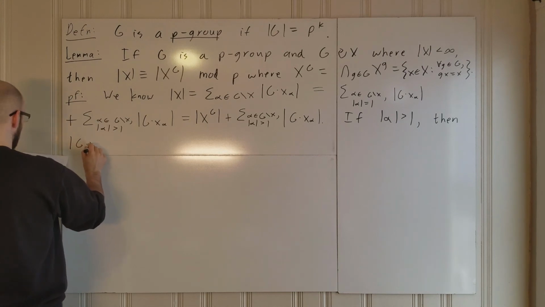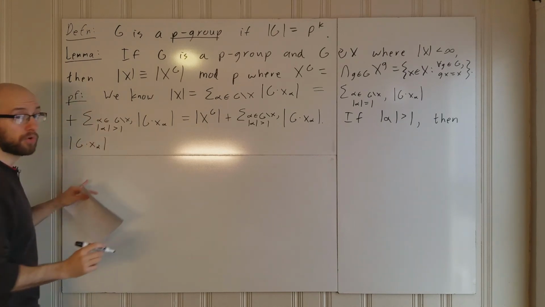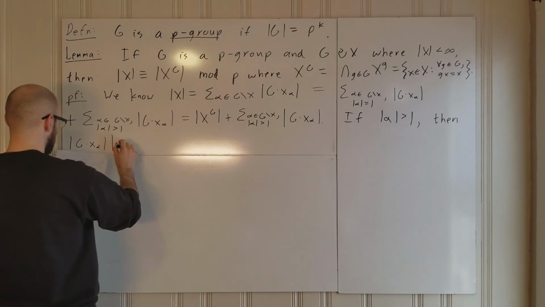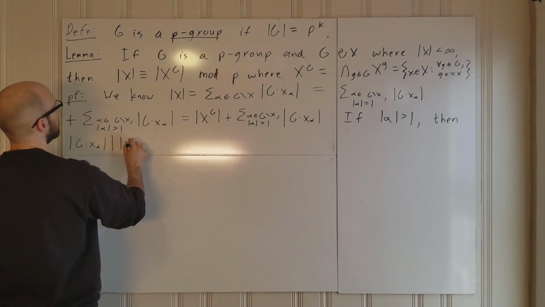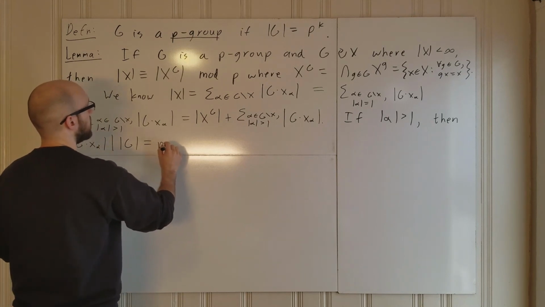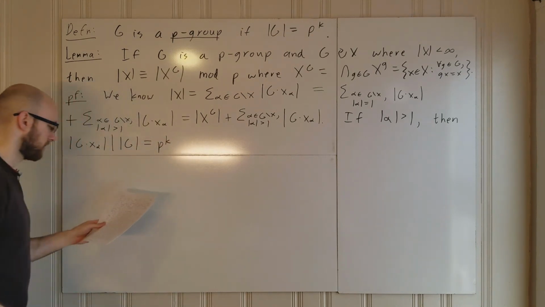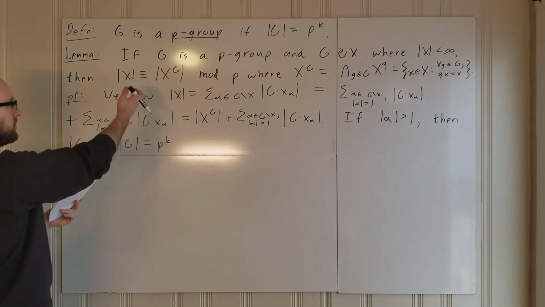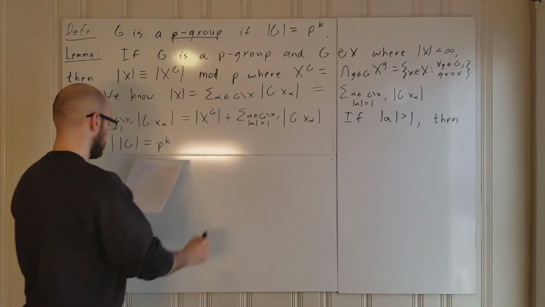Then the orbit of g times x alpha is going to divide the size of g, but that's equal to p to the k for some k, because g is a p group.